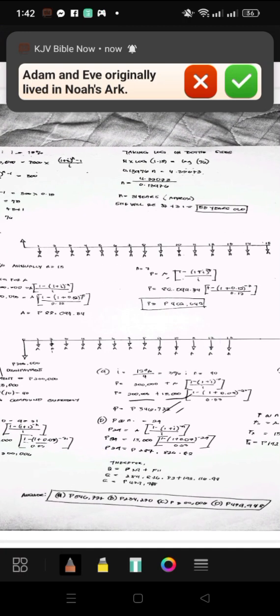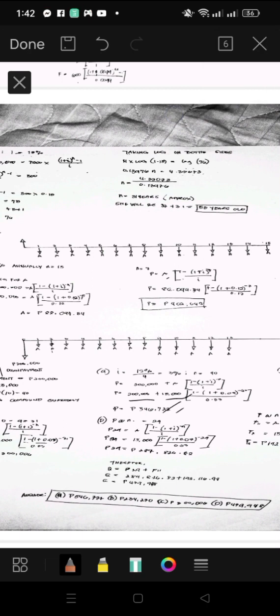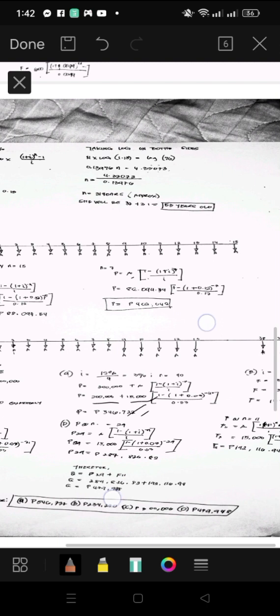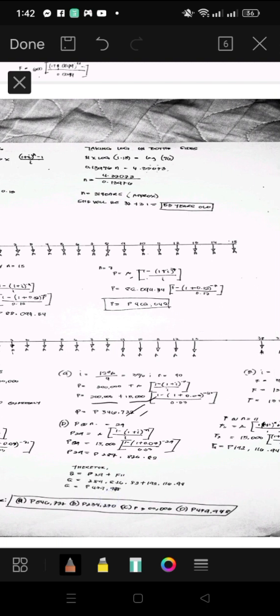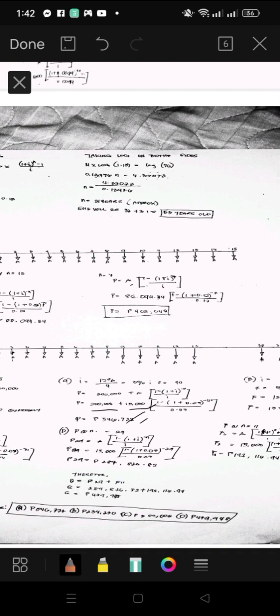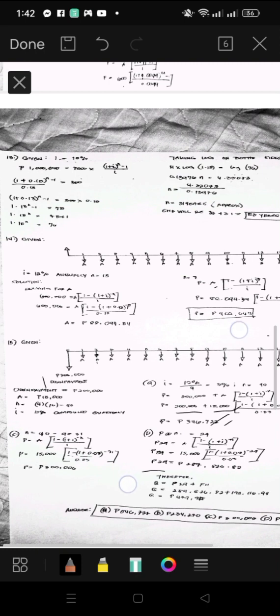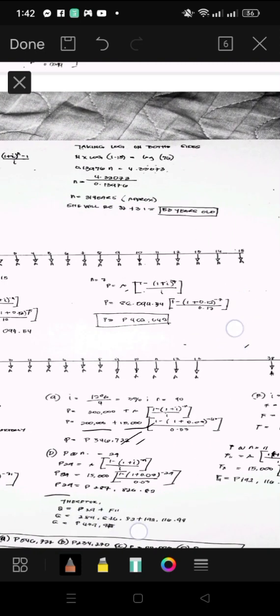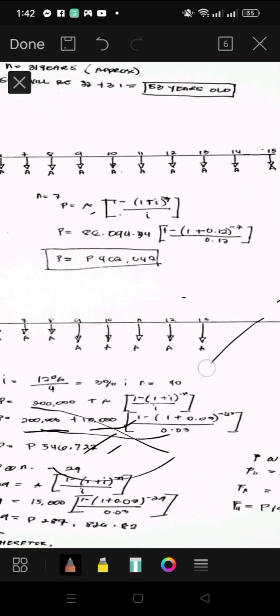So our solution is i equal to 3%, and n is equal to 13.